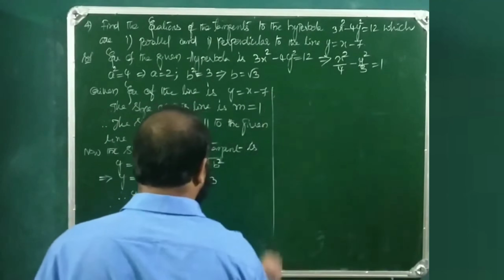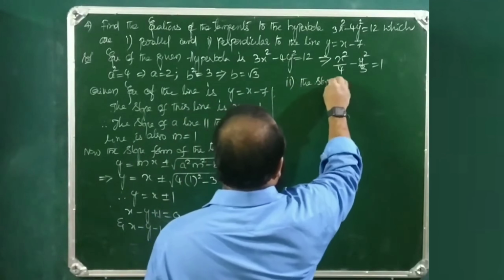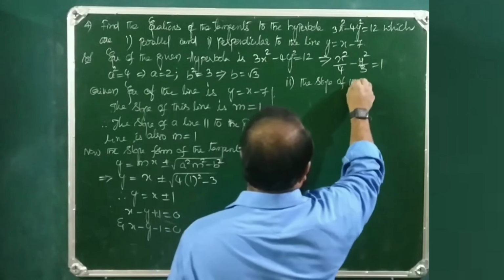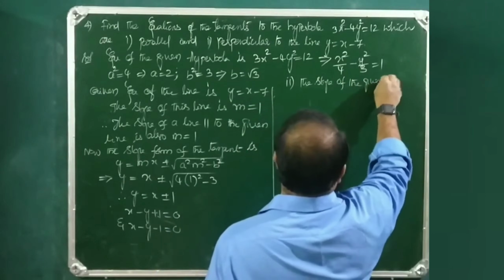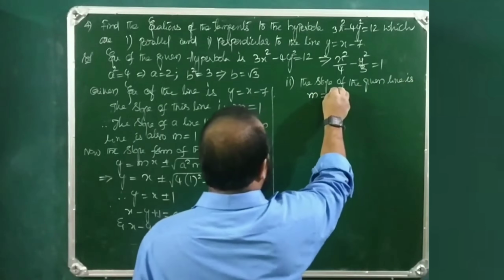Now, the slope of the given line is m equals 1.